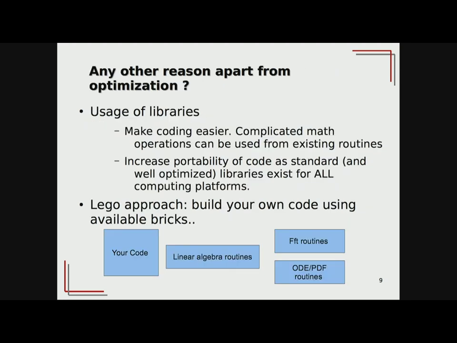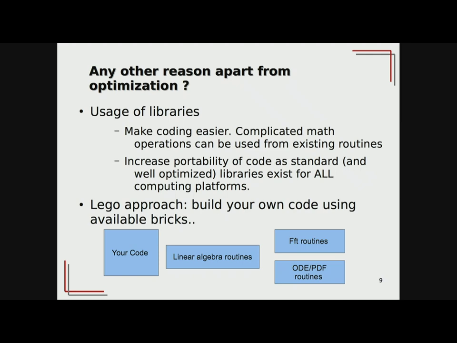And then there is another reason, apart from optimization, that makes life easier, because you can build your application in a simple, let's say, Lego approach in which you have your code, and for all the linear algebra routines you don't have to reinvent the wheel, but use something available, and then you can replace things in an easy way. You make your code portable.